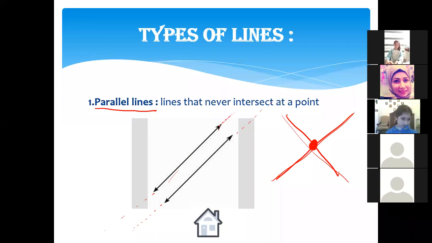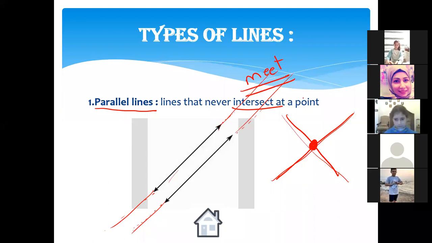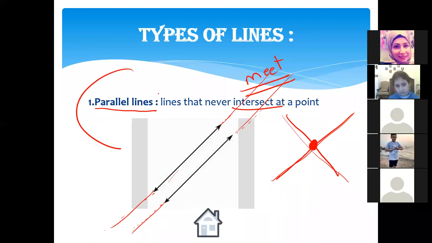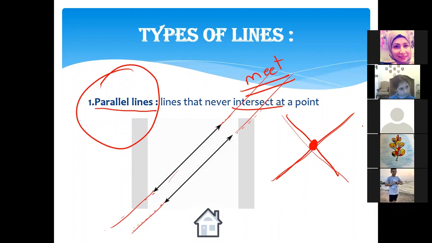This line will always go this way and that line will go that way. Will they meet at a point? No. So they never intersect at a point. Intersect means meet. For this reason, we call them parallel lines. So parallel lines are lines that are facing each other and they never meet, they never intersect at a point.